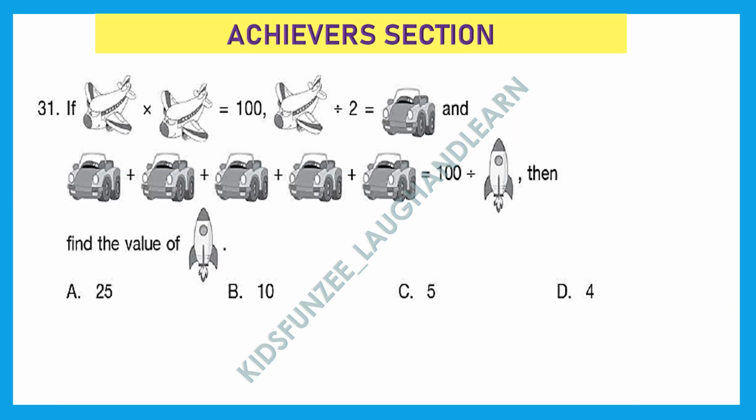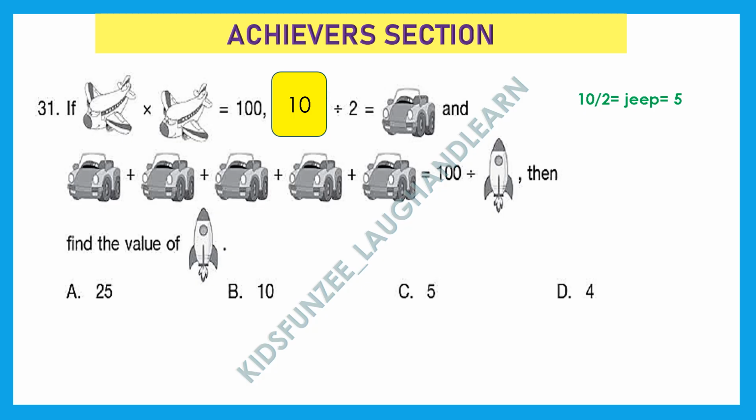Question 31. If one aeroplane multiplied by one more aeroplane equal to 100, that means one aeroplane would be 10, right? Because 10 multiplied by 10 equal to 100. So let's put that value in the second equation. So 10 divided by 2 equal to G. That means Jeep is equal to 5. We got aeroplane and Jeep's value.